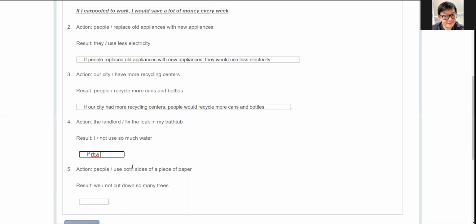If the landlord fixed the leak in my bathtub, I would not use so much water. That's it. Okay.